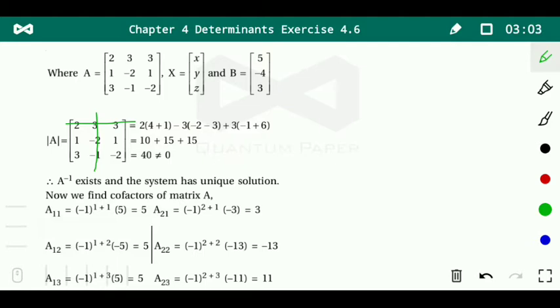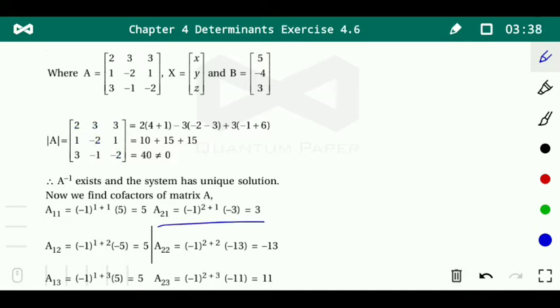So minus 2 ones are minus 2 minus 3, so it will be minus 5 into minus 1 because minus 1 raised to 3, so it will be plus 5. Next we have to find out A13. So for A13 we have to remove the first row, third column. So minus 1 raised to 4 into 1 ones are minus 1 plus 3 twos are 6, so it will be 5, because 6 minus 1 is 5, into plus 1 will be 5.